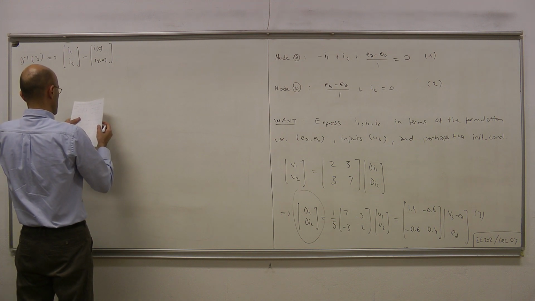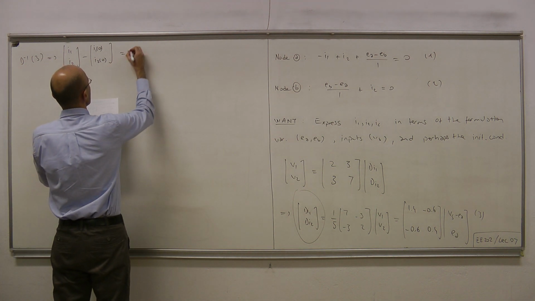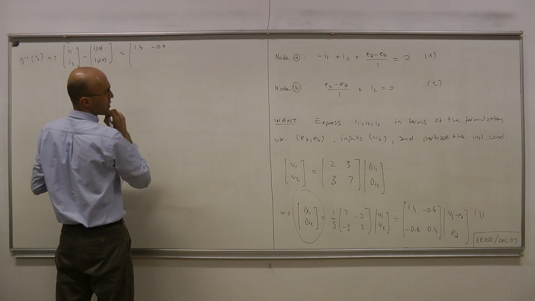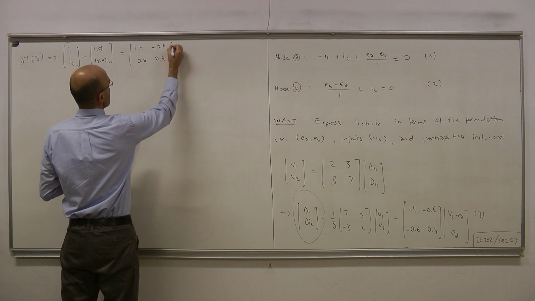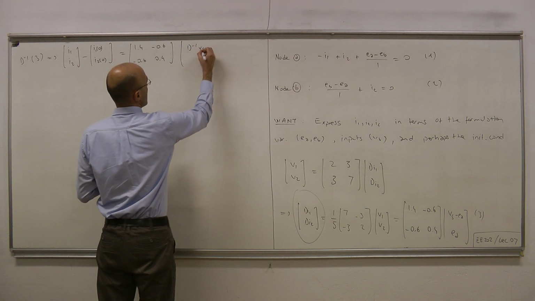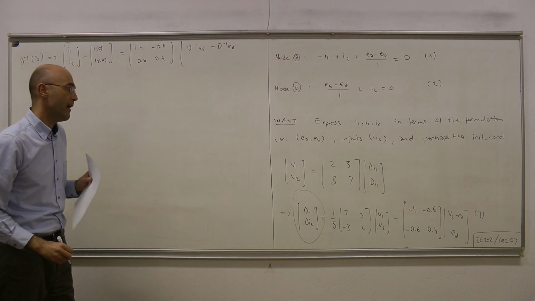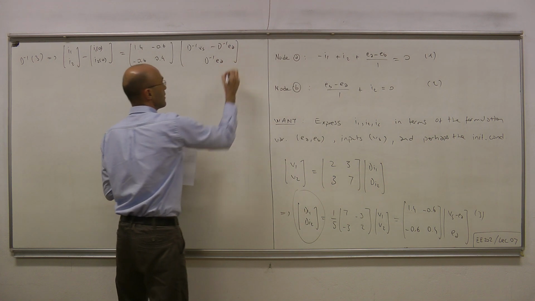And in that case, what we have is that equals 1.4, minus 0.6, minus 0.6, 0.4. Then we have the integral of Vs minus the integral of EA, and here we have the integral of EA.